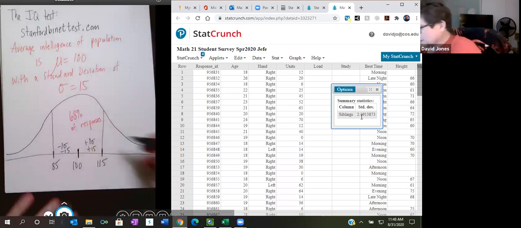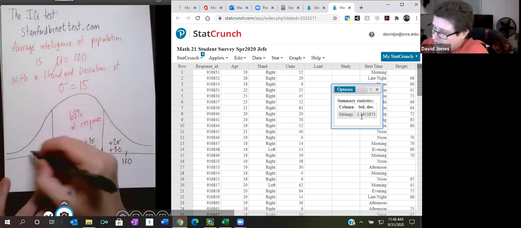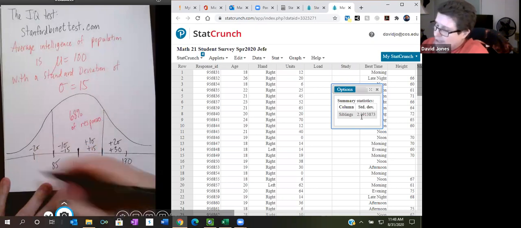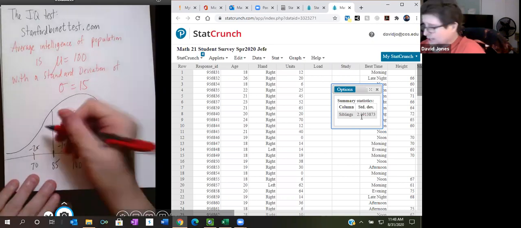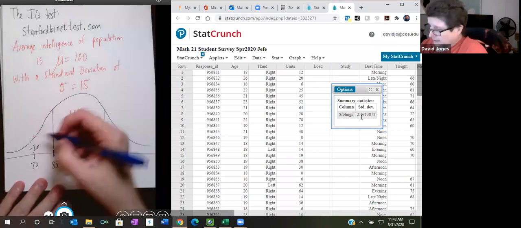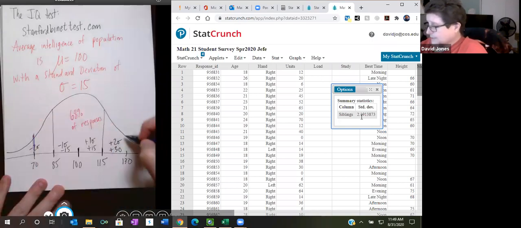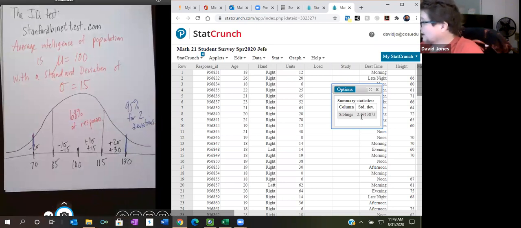If we go out another deviation, up to 2 standard deviations, or plus 30, which gives me 130, or minus 2 deviations, we subtract 30 from 100, we get down to 70. It's about 95% for 2 deviations. Pretty close to it. We use 95% because it's really close to it.